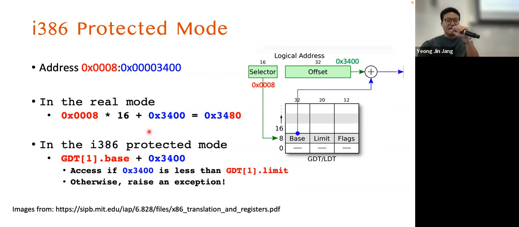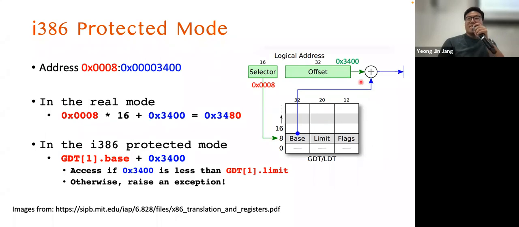Then how it translates the address is that it will fetch the table row indicated by the selector. So if the value is 8, then we will get the row at index 8 of the global descriptor table. Then we get the base address and add that to the offset. So that's how protected mode addressing is calculated in the CPU.